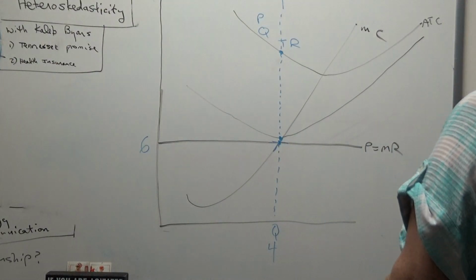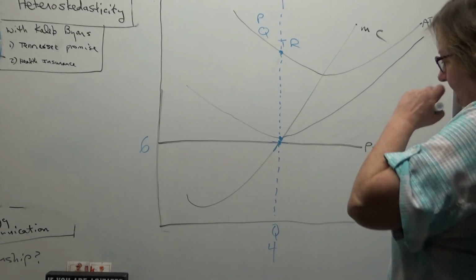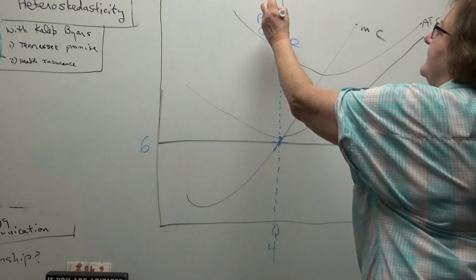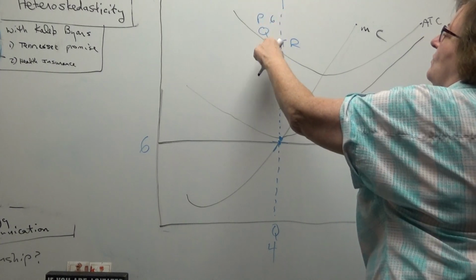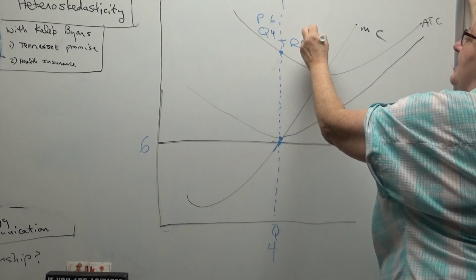In this case, price is 6, quantity is 4, total revenue is 6 times 4.